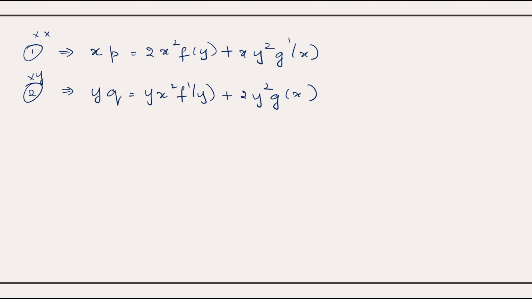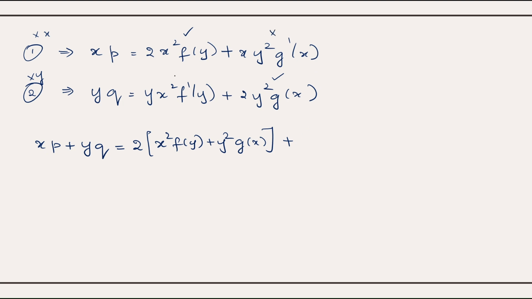Now adding these two equations, xp plus yq is equal to, taking these two terms, 2 times x² into f(y) plus y² into g(x), plus again these two terms, xy² into g'(x) plus yx² into f'(y).